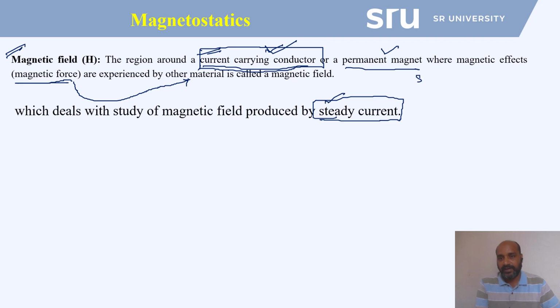The general meaning of steady is static. This word says that the current is static, like it may be at rest, velocity zero or something. But the definition of current is the motion of charge. I mean, I is dq by dt.